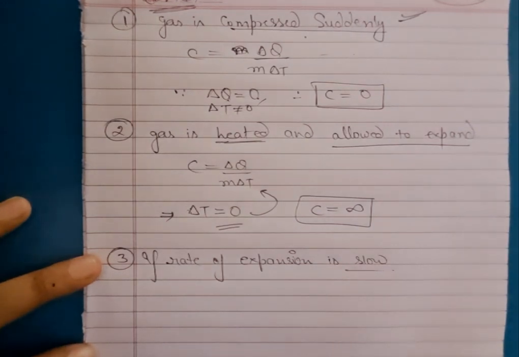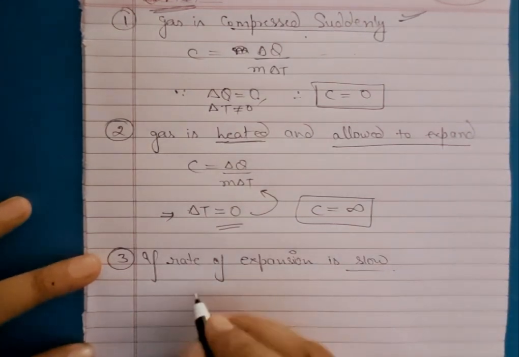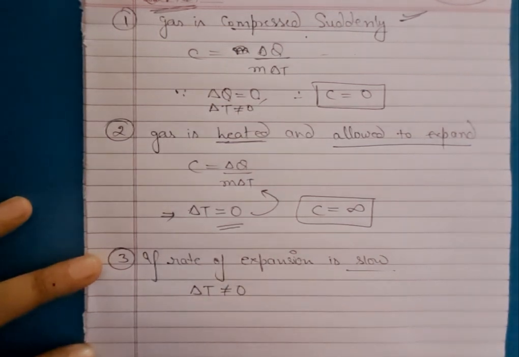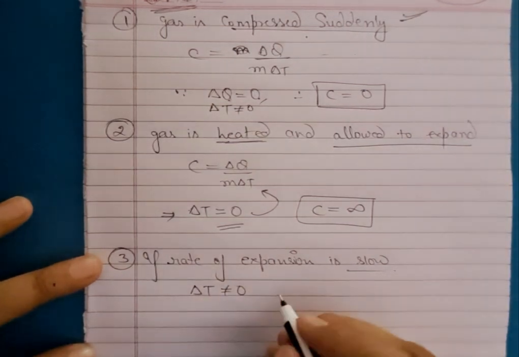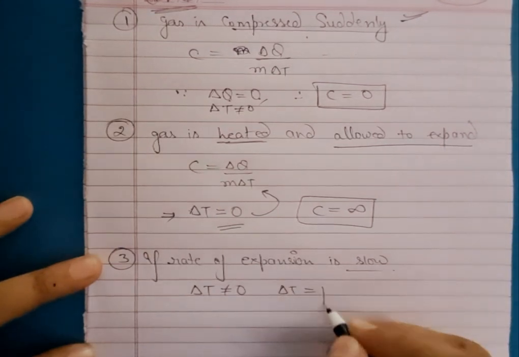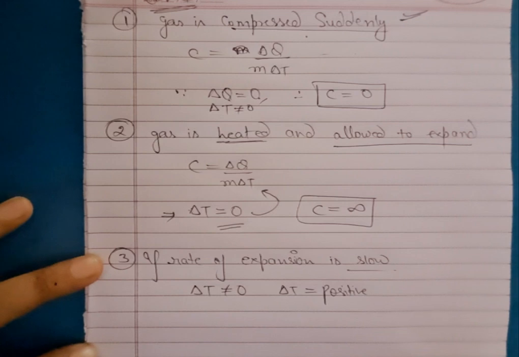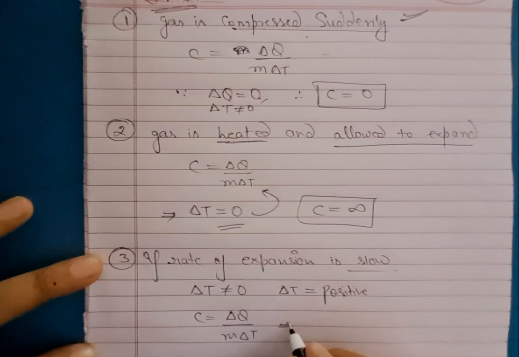So in this case delta T will not be equal to 0, means delta T will be positive, will have some finite value, and due to this the overall equation becomes positive.